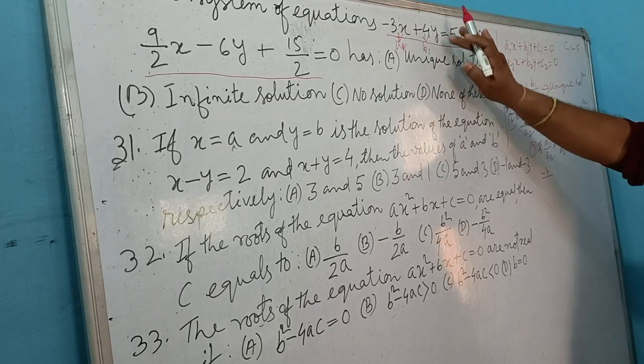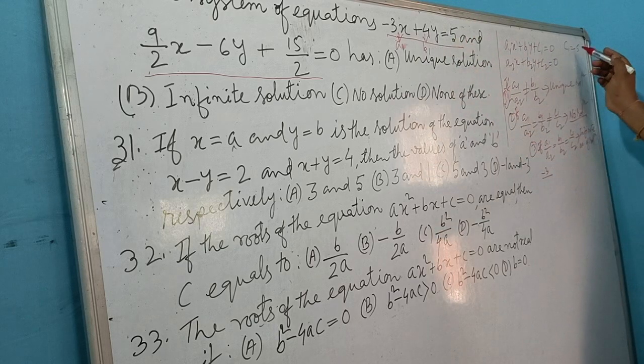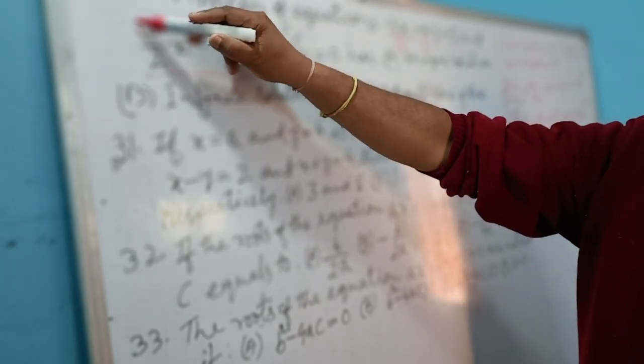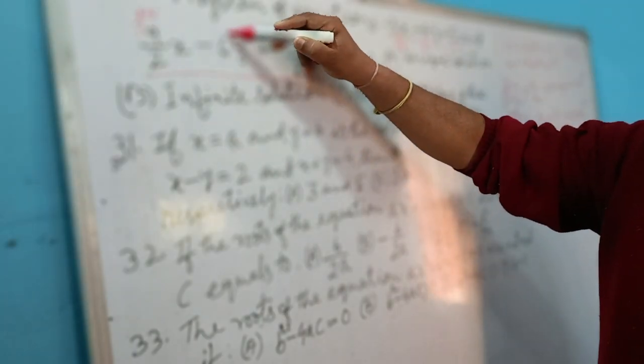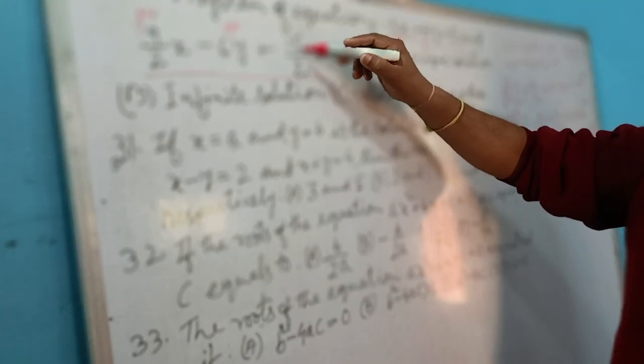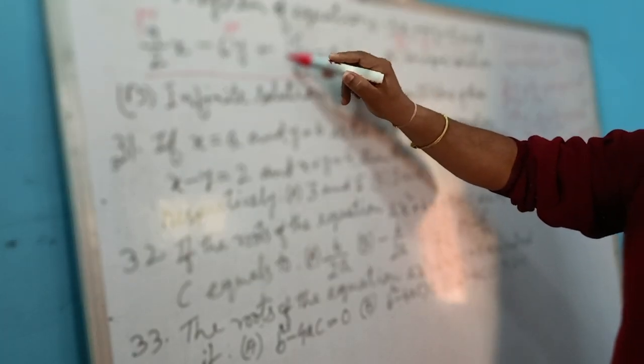Same way here, this is your a2, and this is your b2, the coefficient of y, minus 6, and this is your constant term, c2.